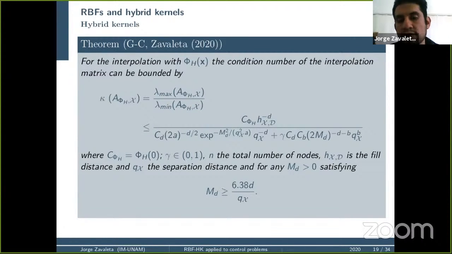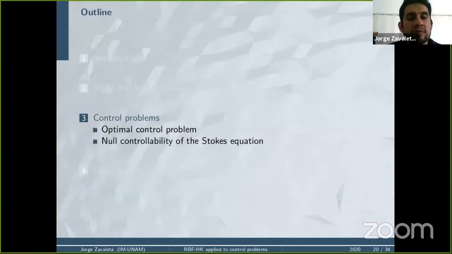But we are also working on a lot of results. I'm going to give them later.